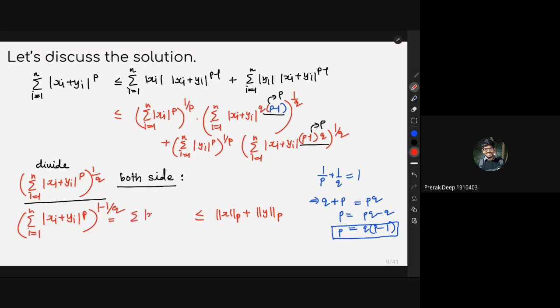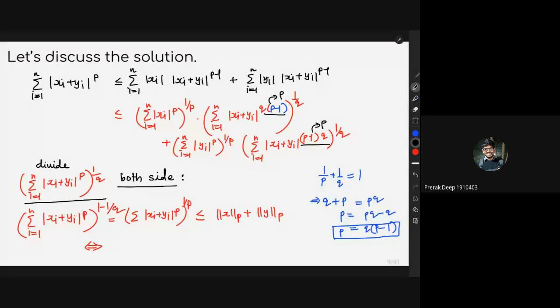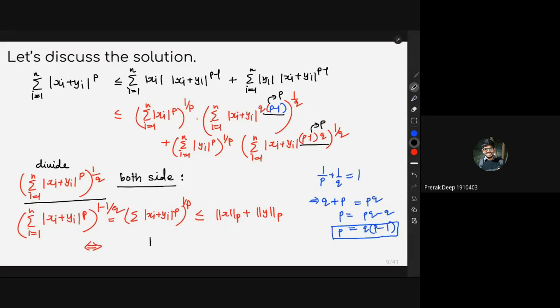So the right hand side is now the p norm of x plus y, which is smaller than the p norm of x plus the p norm of y. So in particular, we have proved the triangle inequality for the case when p is greater than 1.